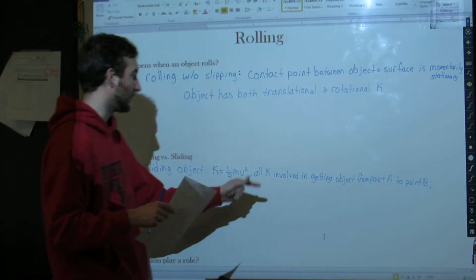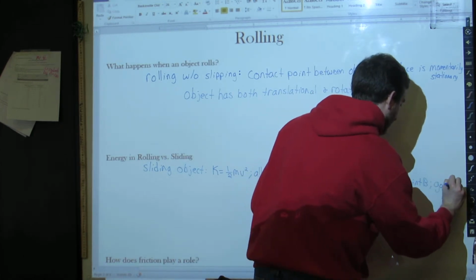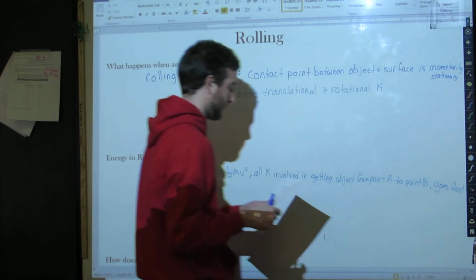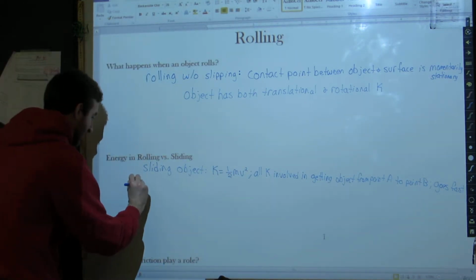All the energy is involved in getting the object from point A to point B, so it goes fast in this situation. Now, for a rolling object, that's going to be a little different.